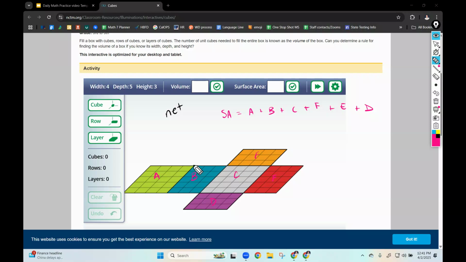Now this is an easy one because of these boxes. 1, 2, 3, 4. 1, 2, 3, 4, 5. So this is a 5 by 4 rectangle. So A would be 20, 5 times 4 is 20. And you'd continue to do that for all of the rectangles on the prism, get all of the individual areas, and add them together. So that's the concept of surface area.